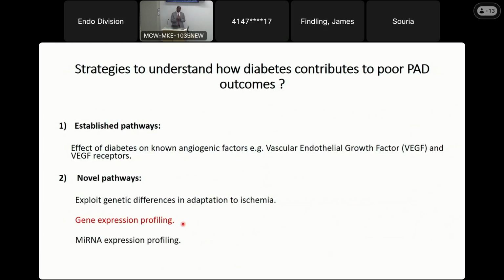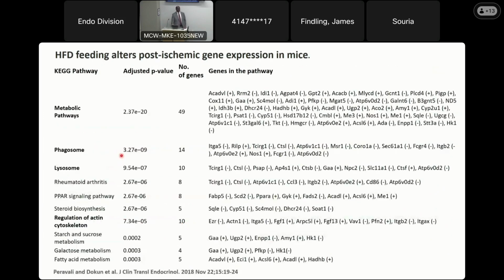And then ask the question, well, in the setting where we don't see good adaptation, where the mice, in the setting of diabetes, are more likely to lose their limb, what happens to these same genes? With that kind of experiment done, a number of genes were differentially expressed between the ischemic diabetic and the ischemic non-diabetic mice. Some genes went up in expression, some genes went down in expression.